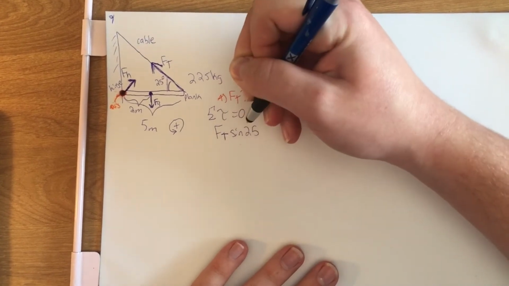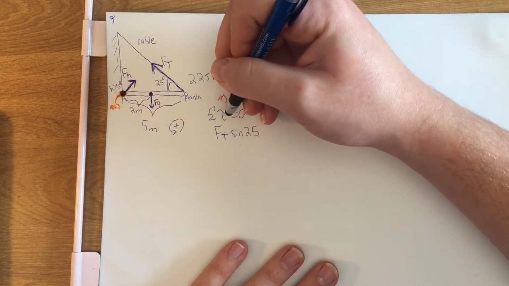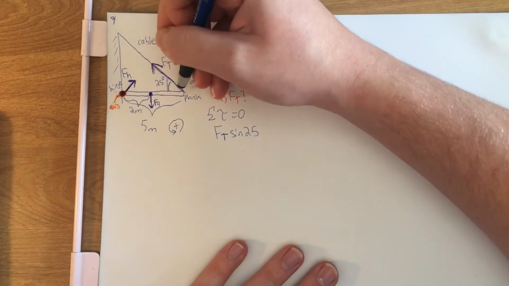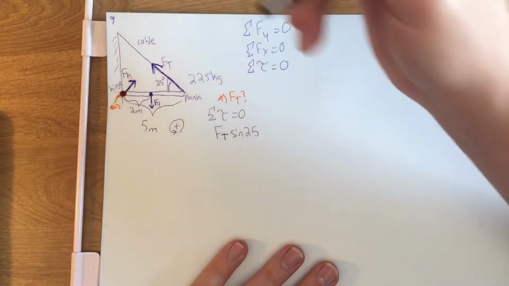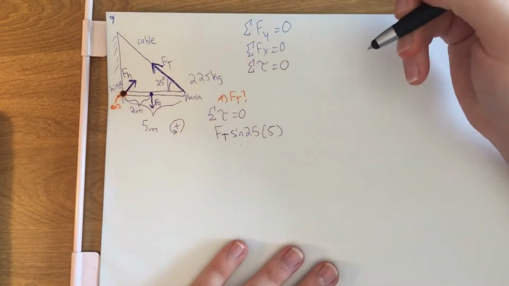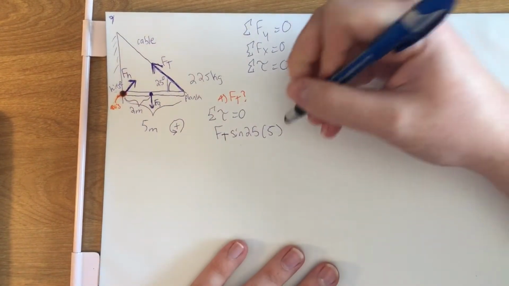That's the perpendicular part of force tension. And torques are force perpendicular times the radius. What's the radius, or how far away is this force tension acting from the pivot point or the axis of rotation? It's 5 meters away, so make that a 5. And so that's our torque from the force tension.